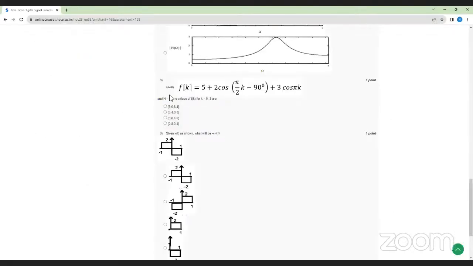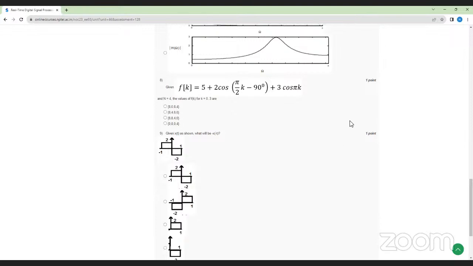Ma'am, can you see the question now? Question 8. Last date is tomorrow. So this is question 8. Given f of k is equal to 5 plus 2 cos(pi by 2 k minus 90 degree) plus 3 cos(pi k), and n is equal to 4. Find the value of f of k for k is equal to 0 to 3.